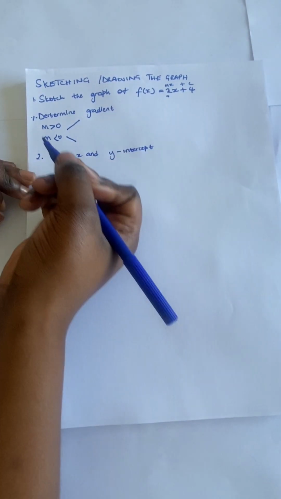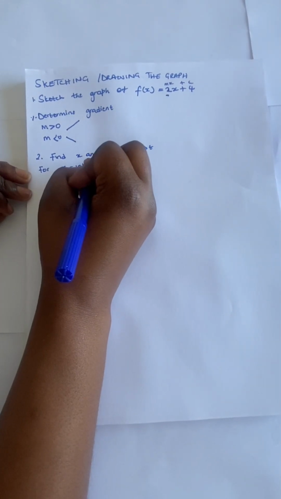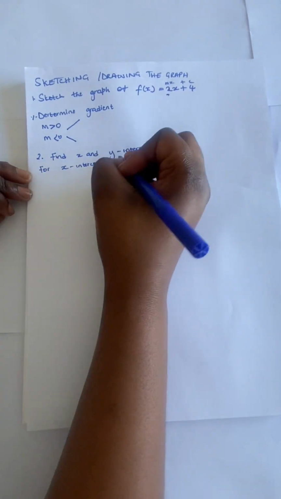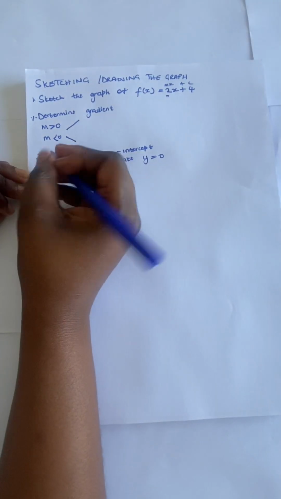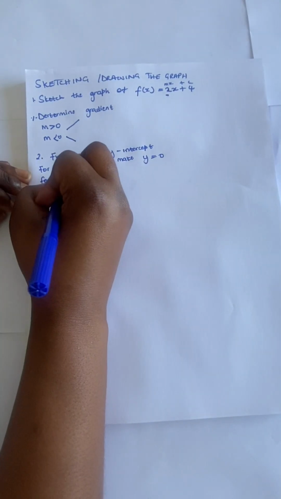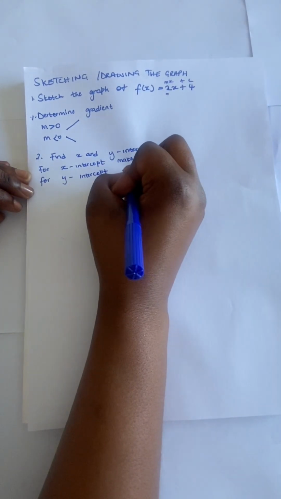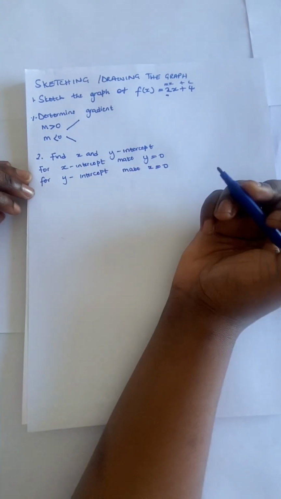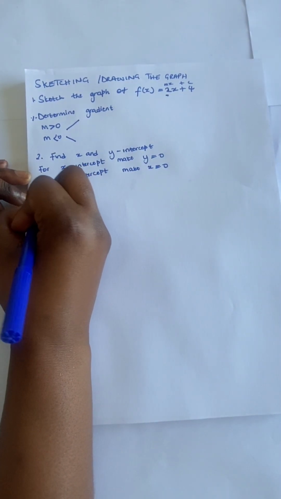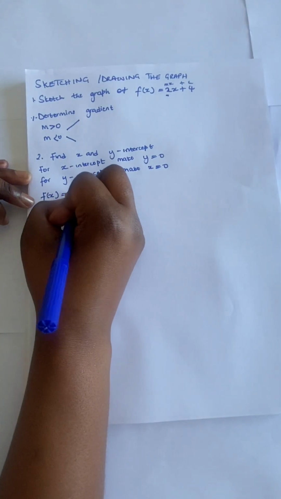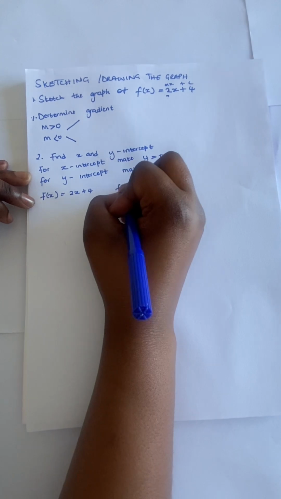For the x-intercept, you make your y equal to 0, and for the y-intercept, you make your x equal to 0. So here is your formula: f(x) = 2x + 4. You're looking for an x-intercept.